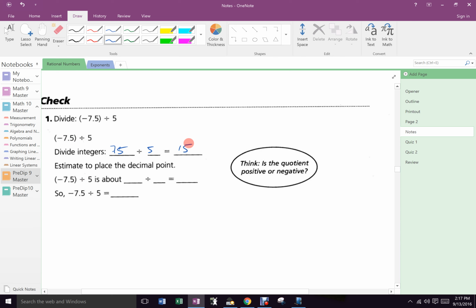So, now, 7.5 is close to what? 10. Something that divides with 5. It's close to 10 divided by 5, which is 2. So I know that the answer's got to be 15, but there's got to be a decimal, and it's got to be near 2. So where do I place that decimal? In the middle. Negative 1.5. Picking up what I'm putting down? It's just to help you do the work easier in your head.